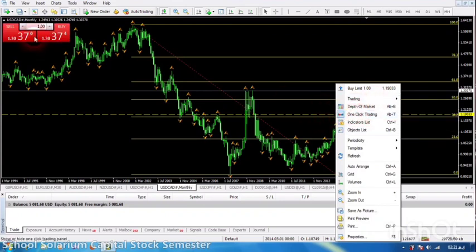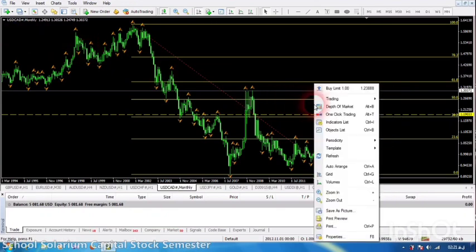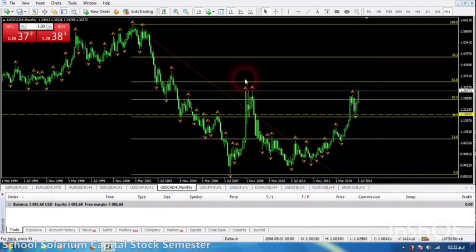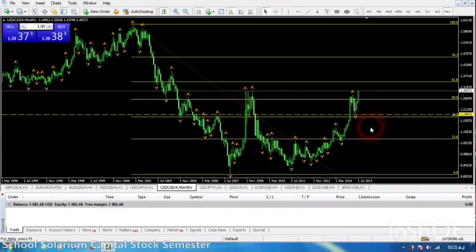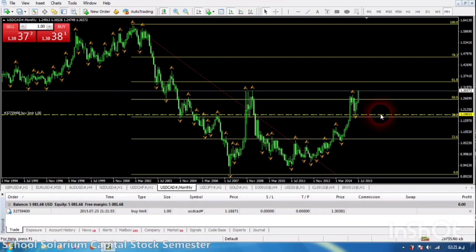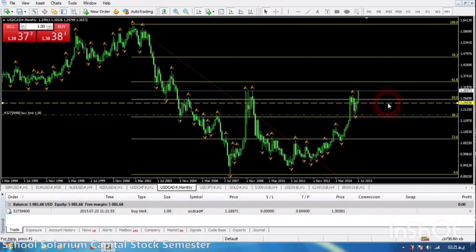So again, in your one-click trading, if you click on this, you can see that on your top left. So this is my buy limit.